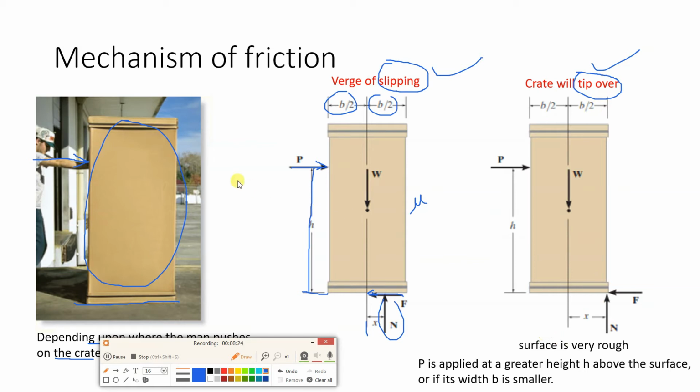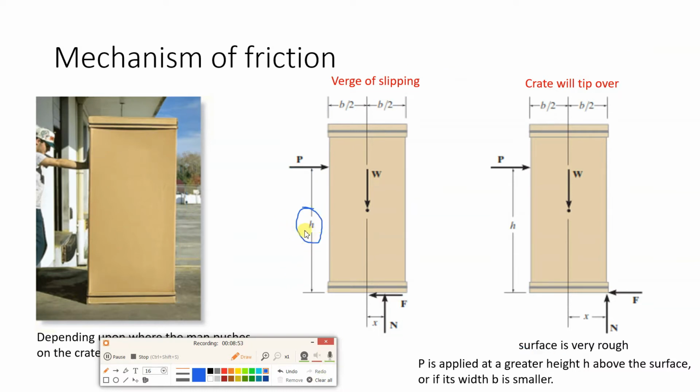The second condition is that the applied effort P is at a greater height above the ground surface. If the effort is applied on the bottom side, the chances of tipping are very low. If this height is increased, the block will tip.